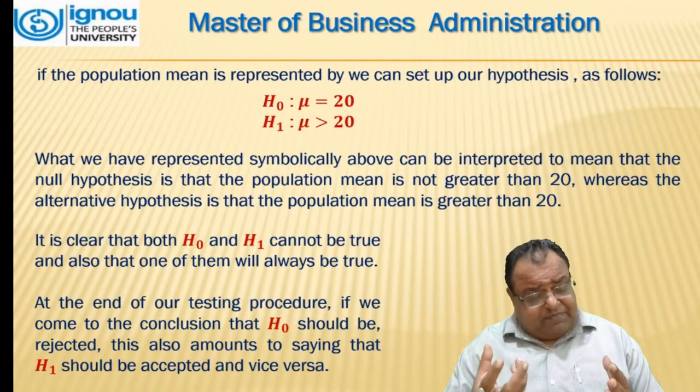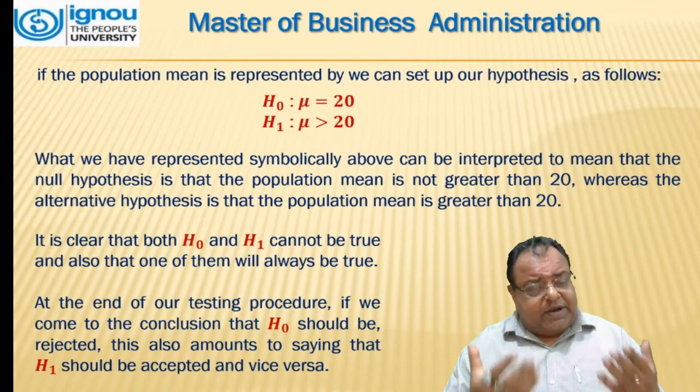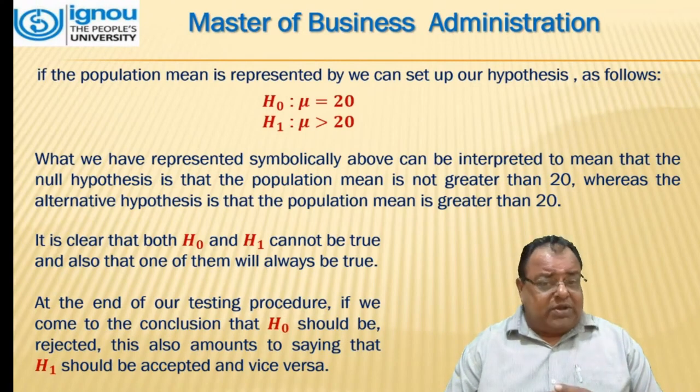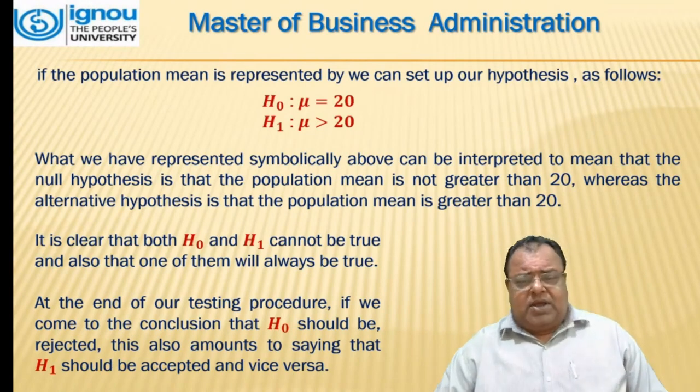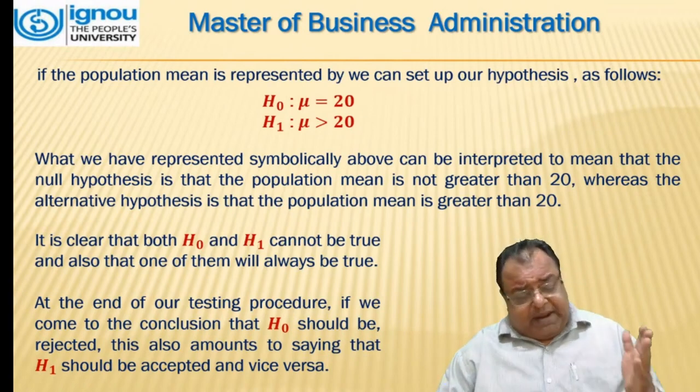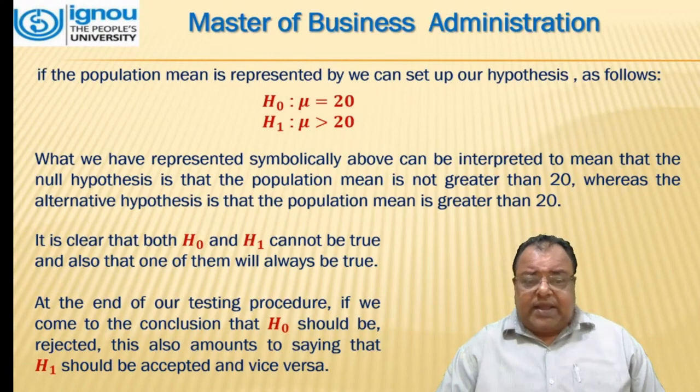This is the standard way H0 and H1 are denoted. H0 is mu equal to 20, and the alternate one, H1, is mu greater than 20.